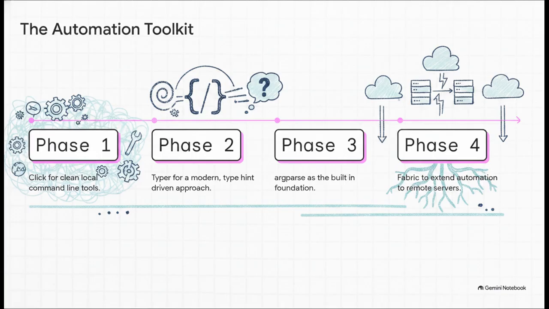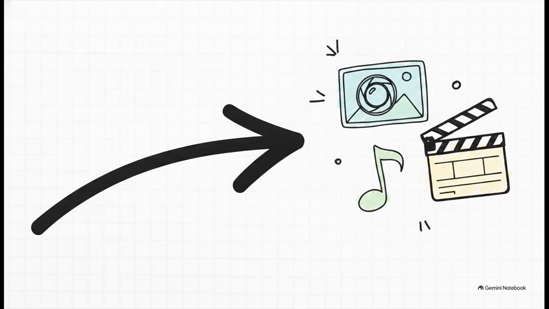We explored Python's foundational built-in library with argparse, and today we extended all of that power beyond your local machine straight out to remote servers with Fabric. Together, this gives you a single, genuinely comprehensive picture of how Python automates everything from your local terminal right across the open internet.